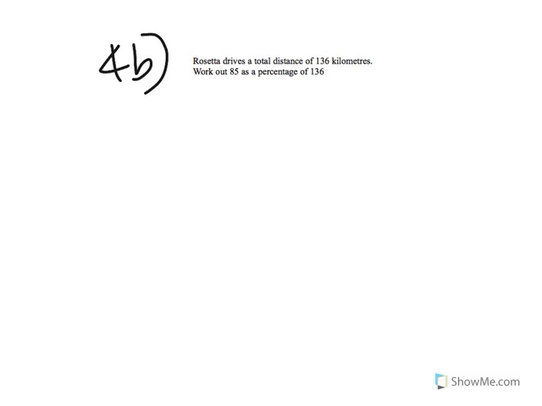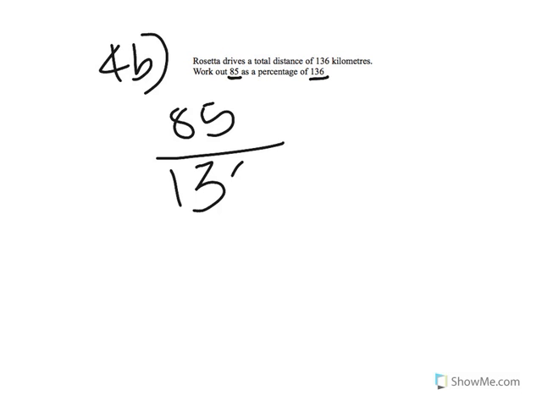Question 4b, again really simple. Rosetta drives a total distance of 136 kilometers. Work out 85 as a percentage of 136. When they ask you to find something as a percent of something else, all you have to do is take the initial number, which is 85, as a percent of 136, meaning out of 136, and that's your fraction.